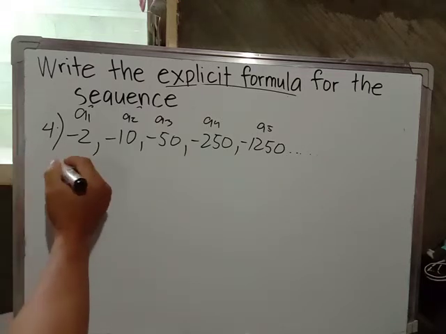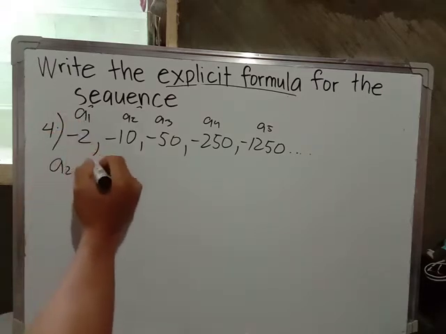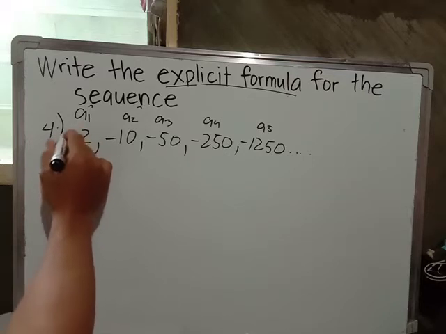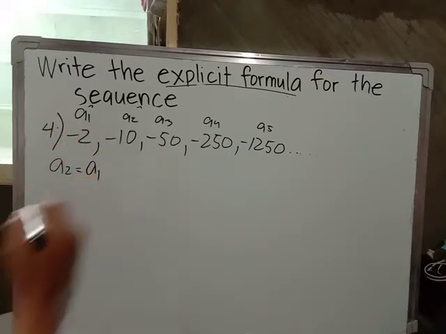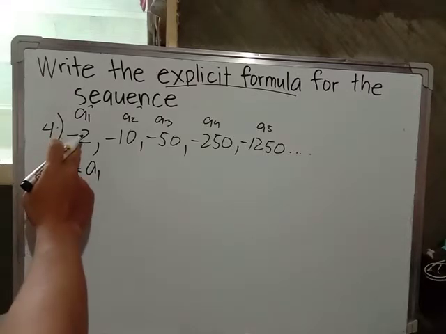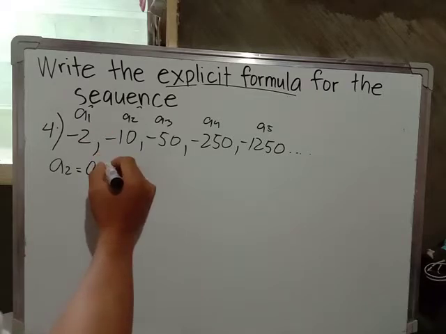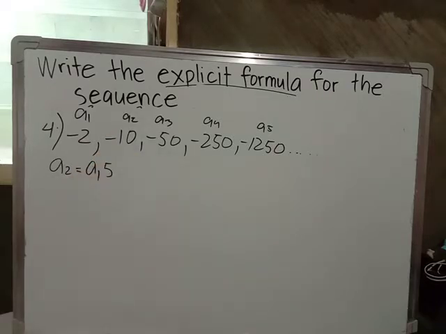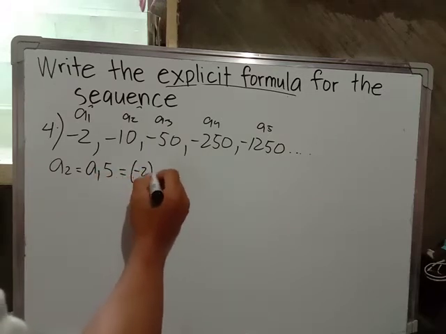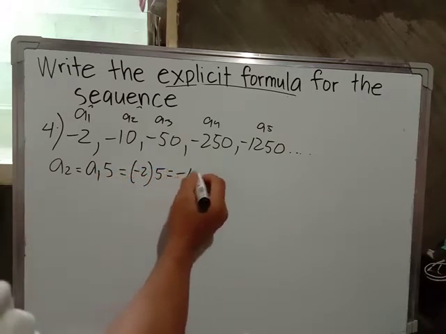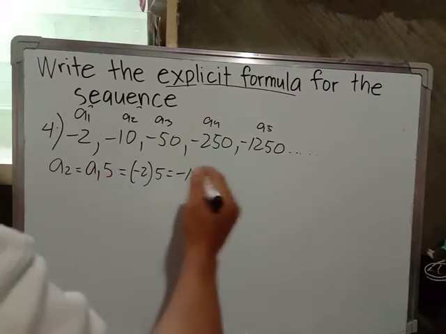E2 is equal to, E1 natin is negative 2. Ano ang i-multiply natin since negative 2 siya? So, positive 5, di ba? So, times 5. Ganyan lang. So, it's equal to E1 natin is negative 2 times 5. It's equal to negative 10. So, tama tayo. Then, si E3.